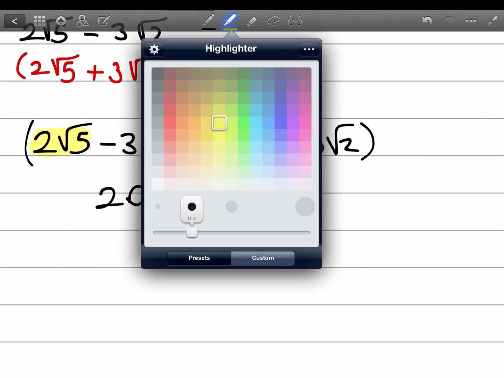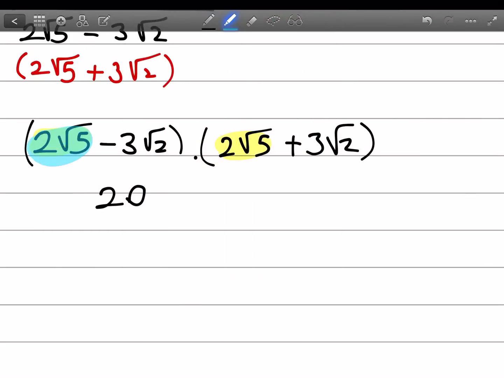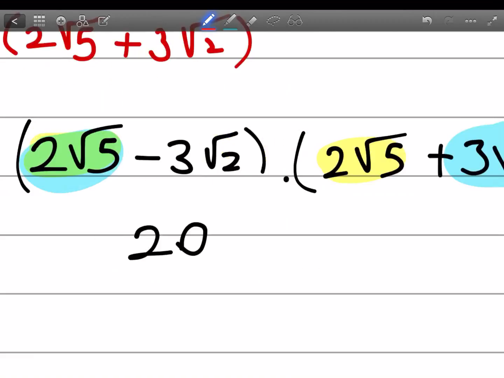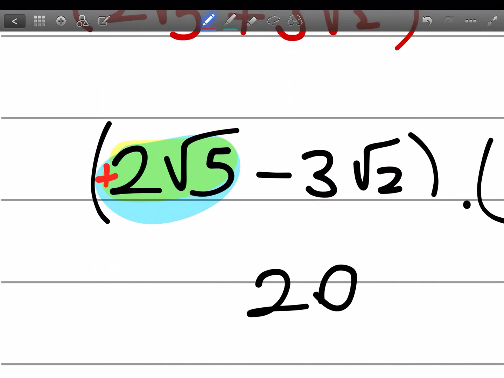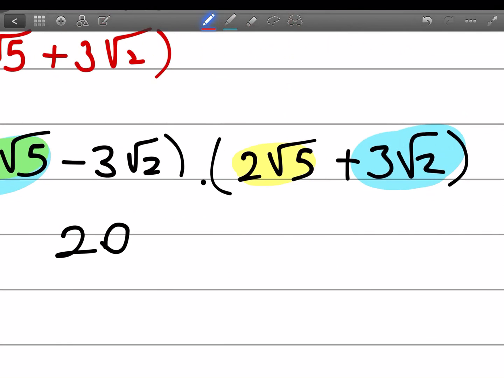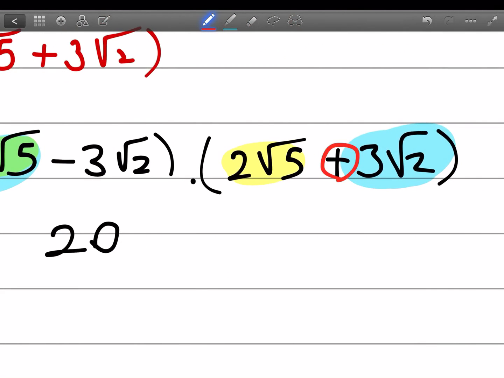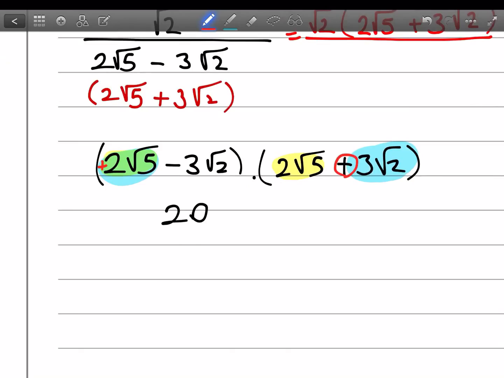And first term times second term. But we have to be careful about the sign, because the sign is really important. The first term has a positive sign, and the second term again has a positive sign. Then we have to get a positive number here.